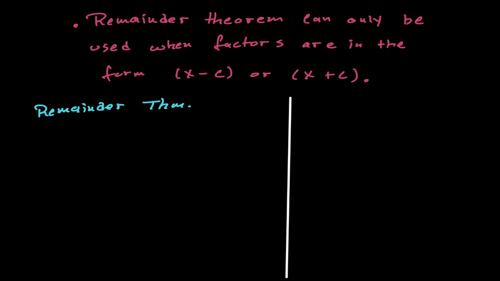Let's say that we have some problem that says, is x plus 1 a factor of x to the third plus x squared plus 3x minus 5? In here, notice that the highest degree is 1. Then we can perform the remainder theorem.